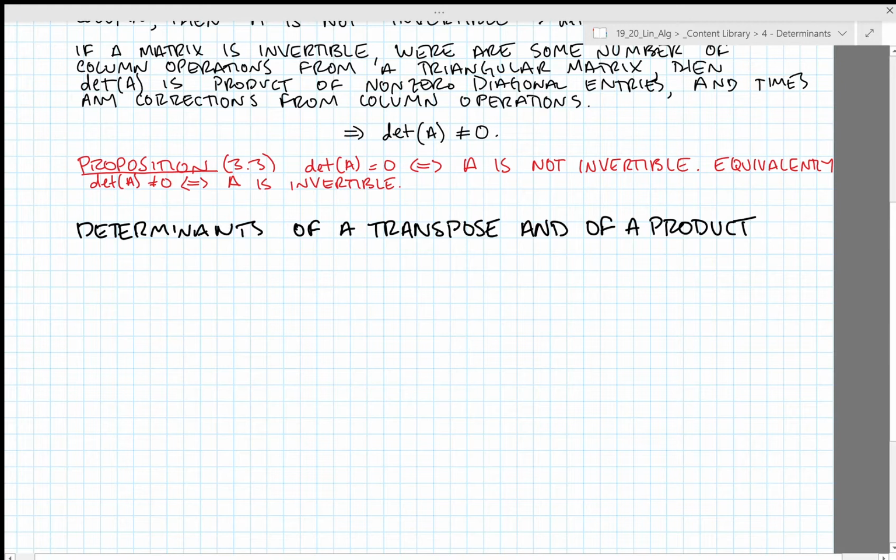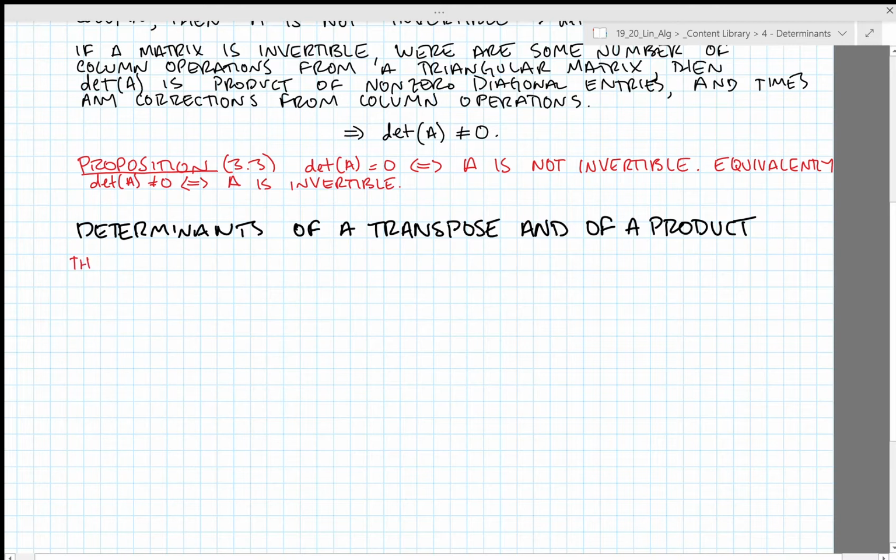So we're going to see what happens if you take the determinant of the transpose of a matrix, and what happens if you take the determinant of a product of matrices. Because if we can nail down these things, we can really figure out how a determinant works. Okay, let's start with a theorem, and we're going to work our way to proving a couple of these theorems.